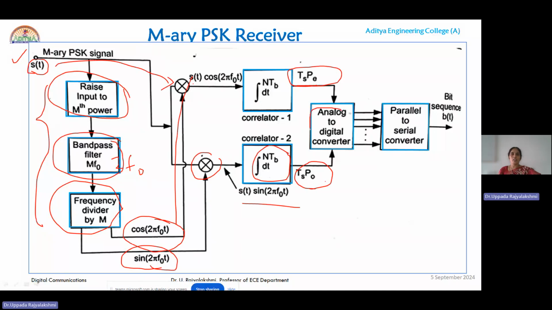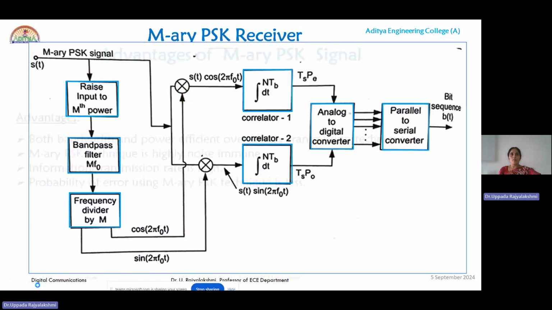Now these two outputs from correlator 1 and correlator 2 are applied to the A to D converter, because till now we are doing analog processing, and that is converted to digital. And the digital data, which is parallel data, because we have grouped n bits per symbol, is now converted into a serial sequence, which is the demodulated output, proportional to the message signal.